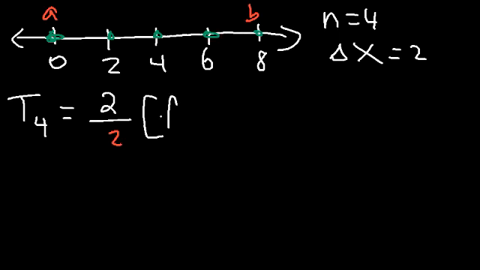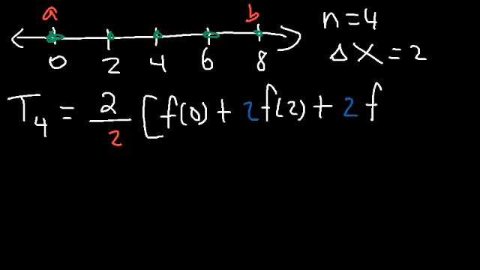So it's going to be f of 0 plus 2 times f of 2 plus 2 times f of 4 plus 2 times f of 6 and then plus f of 8.